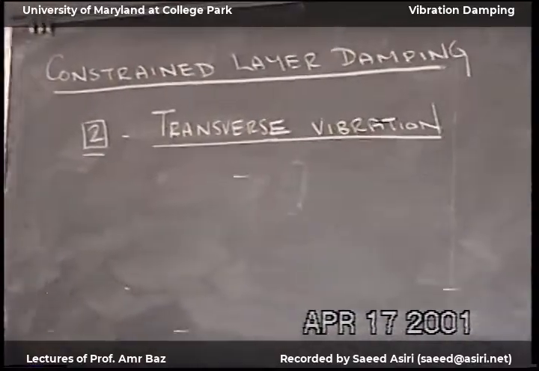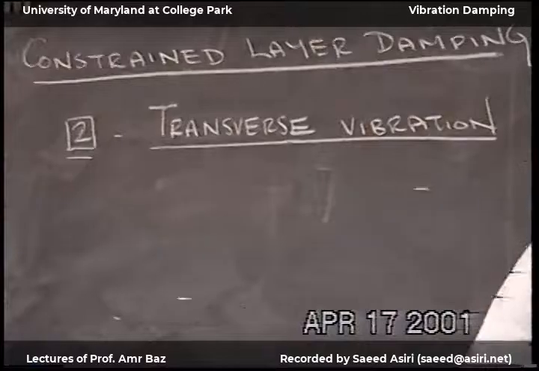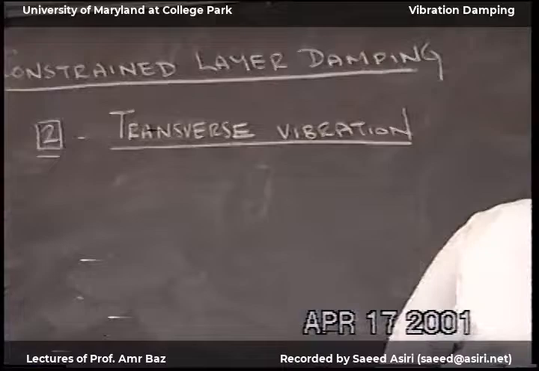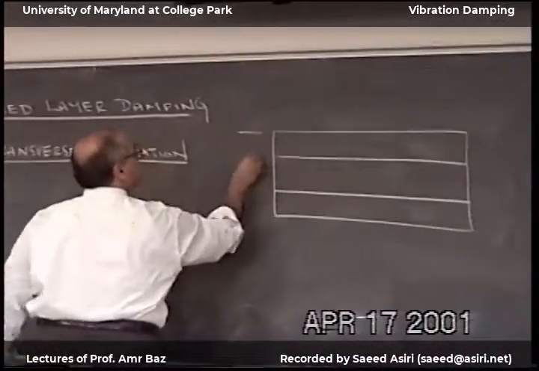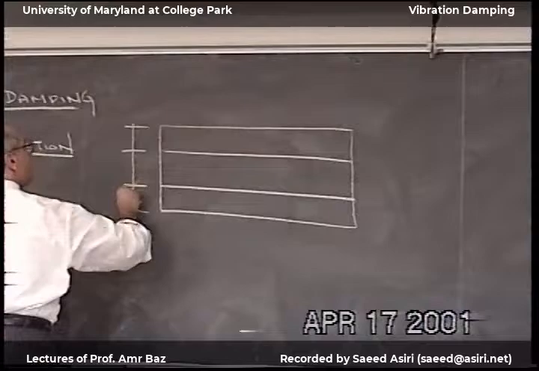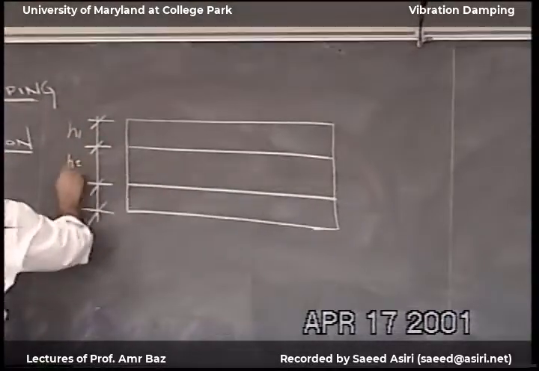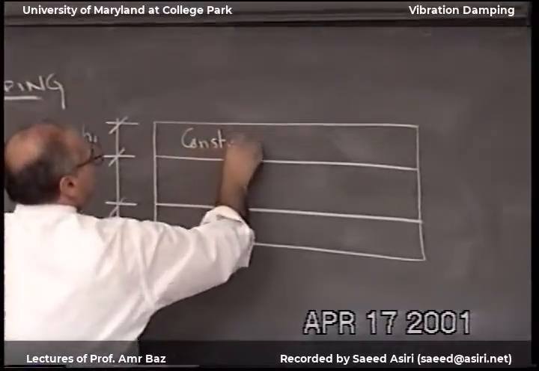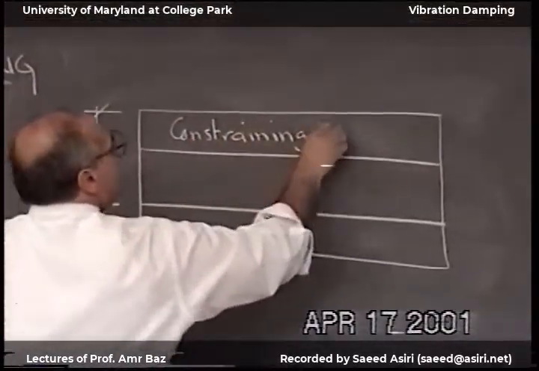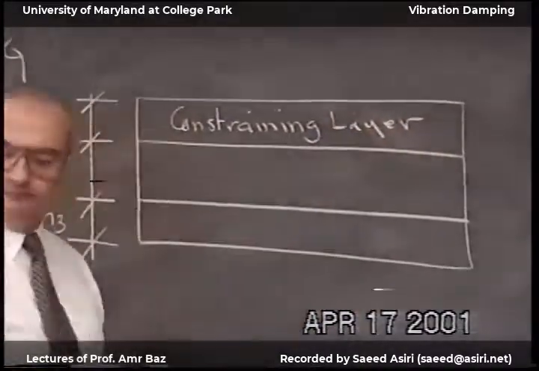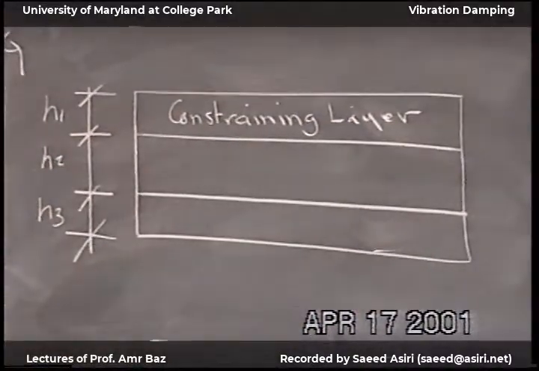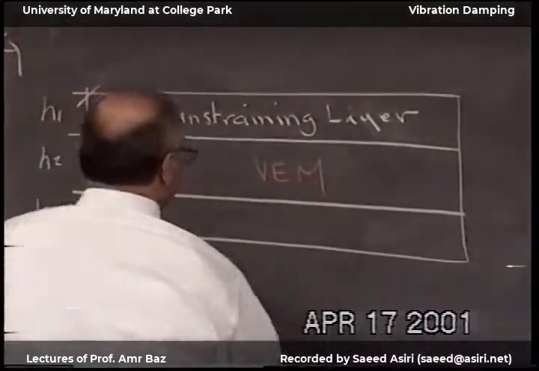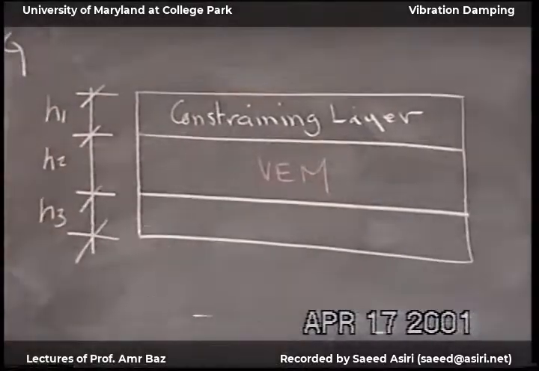I did the last lecture, the 3-layer composite. And so this is H1, H2, and H3. This is the constraining layer. The bottom is our base structure.